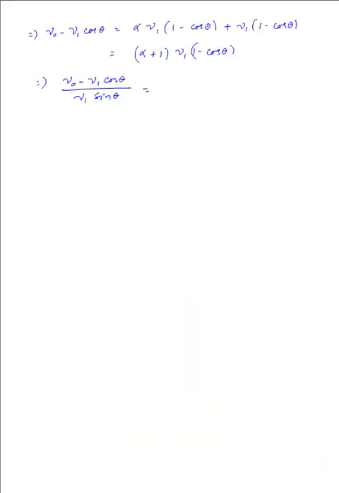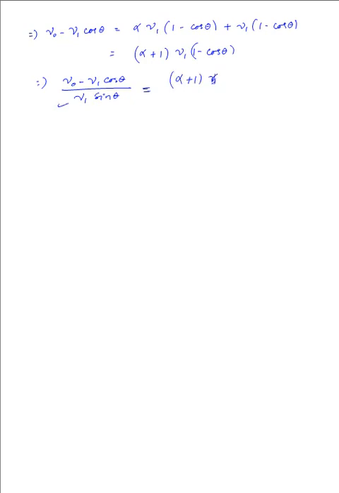So the left hand side is obviously going to be 1 over tan phi, or cotangent of phi. So this is nu naught minus nu 1 cosine theta divided by nu 1 sine theta, and over here we have (alpha plus 1) nu 1. Well, that nu 1 can go down, so we don't write that.